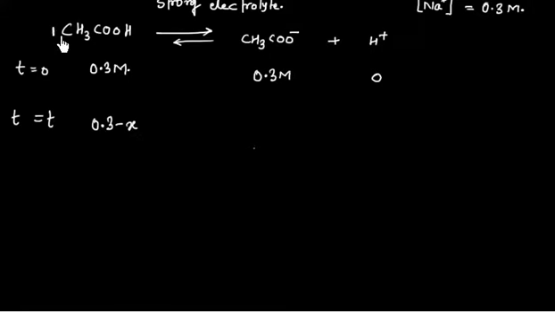Now the second assumption I will make is that acetic acid is a weak acid, so its dissociation will be very small, that is, x is very small compared to 0.3.